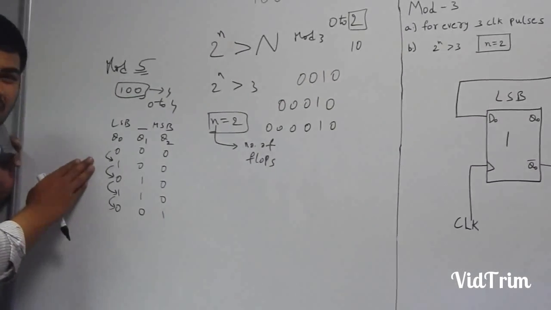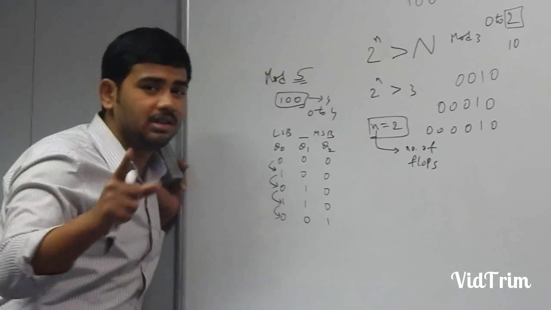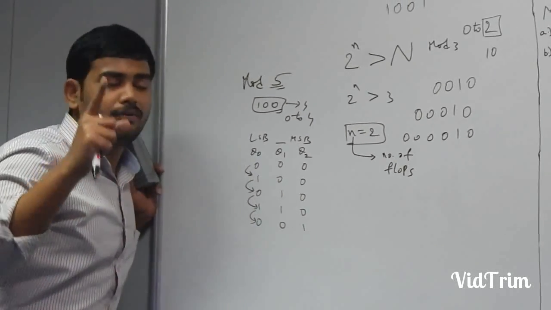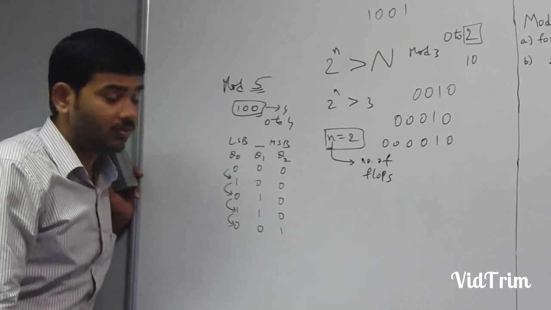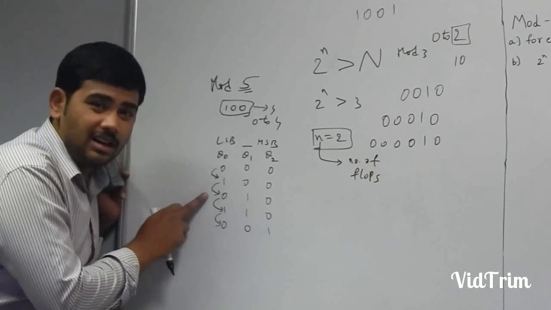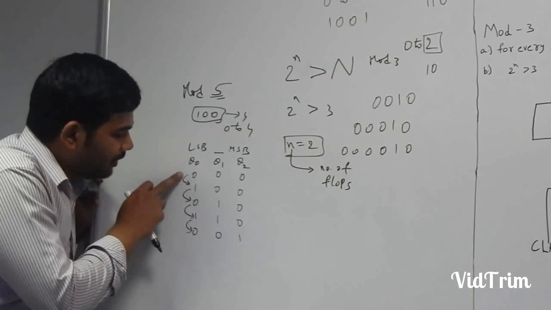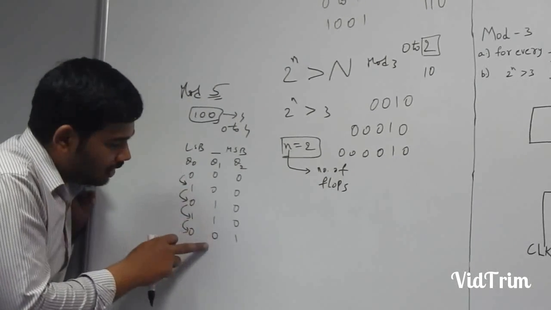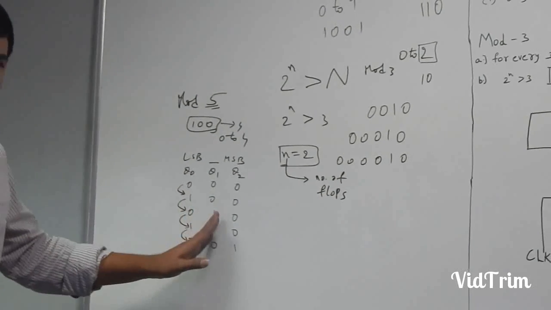By this you should come to know that okay, my first bit is toggling continuously, and obviously the flip-flop which I am using in my design should be in toggling mode. So by this you can come to a conclusion that my first bit is continuously toggling, so it should be in toggling mode. And from this toggling you can come to know that some phenomenon is taking place here.